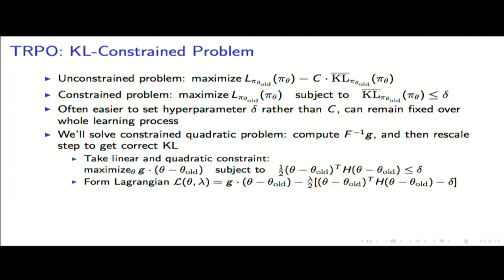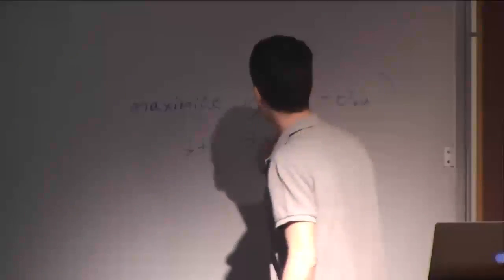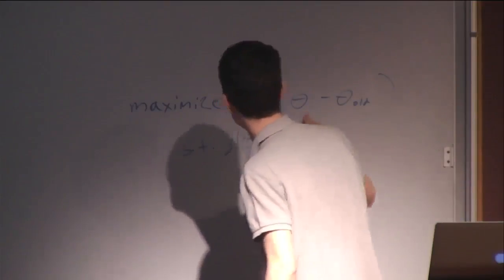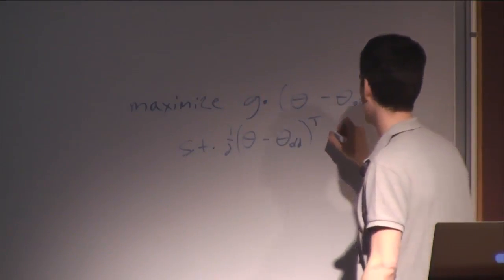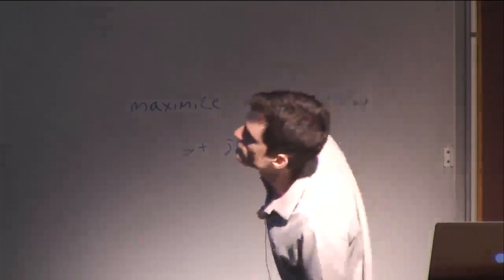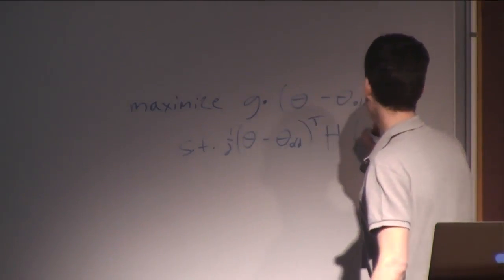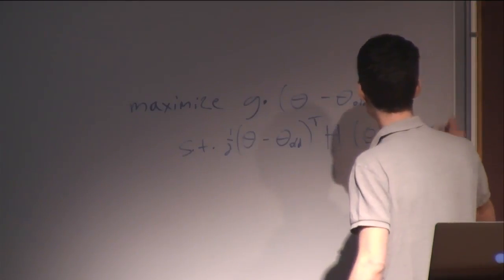So now we have a constrained quadratic problem, where we want to maximize the gradient dot producted with theta minus theta old, subject to the quadratic constraint, 1/2 times theta minus theta old transpose times H times theta minus theta old, is less than or equal to delta.